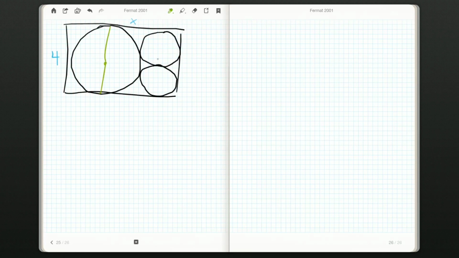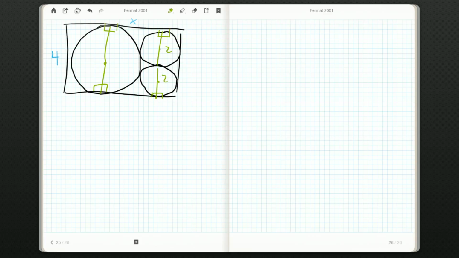So 4 should be the diameter of the big circle. And if we add in the diameters of these smaller circles, since they're equal, each of these is going to be 2.